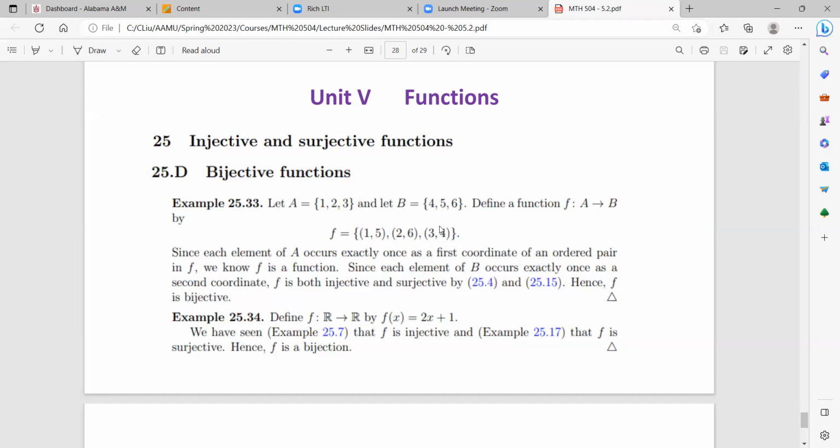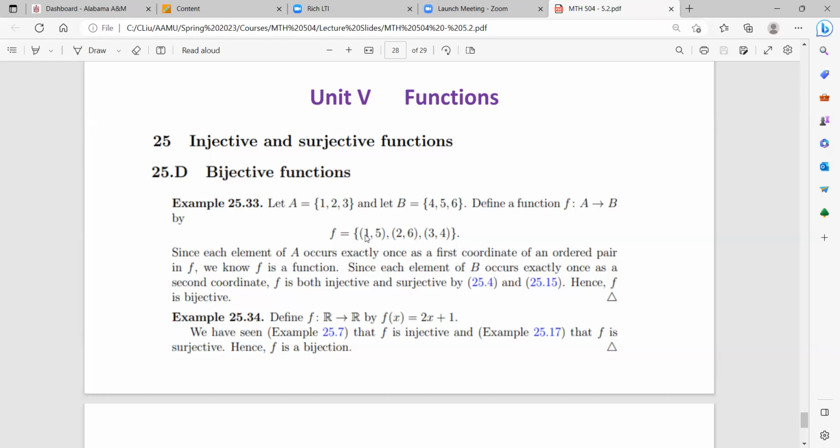Each number in the set B appears in the pairs, so it's onto, or surjective, and it appears exactly once. So that makes it one-to-one, right?